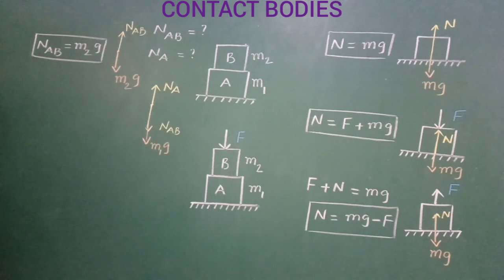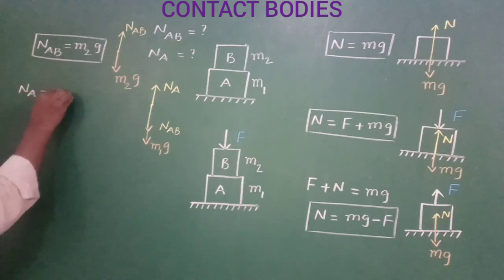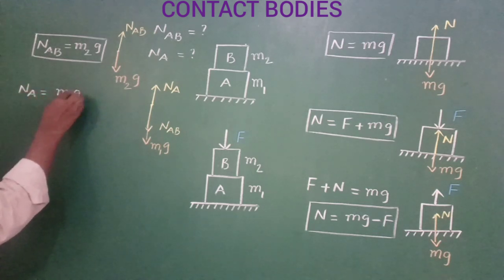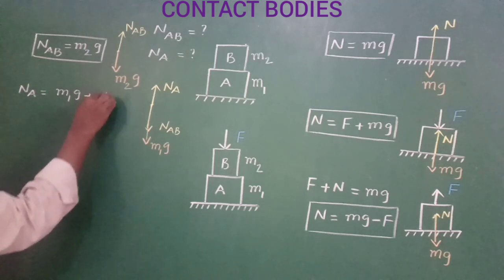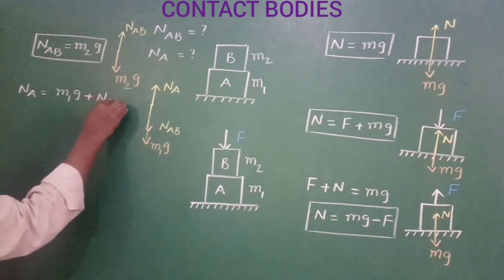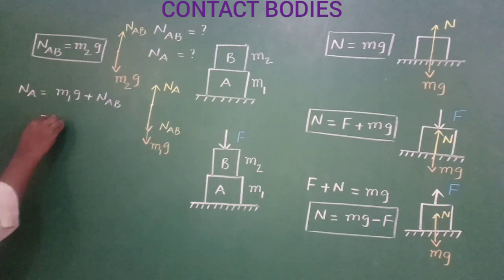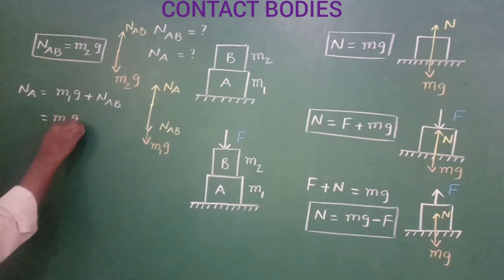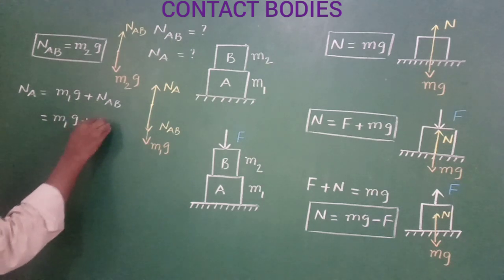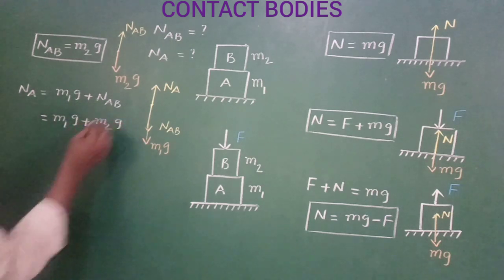In this, upward force is equal to NA. So NA is equal to m1g plus NAB. But we know NAB is equal to m2 into g. Substitute here, then we get m1 into g plus m2 into g.